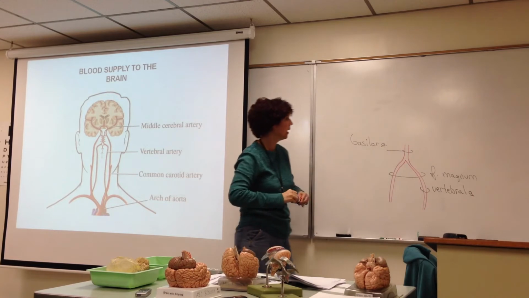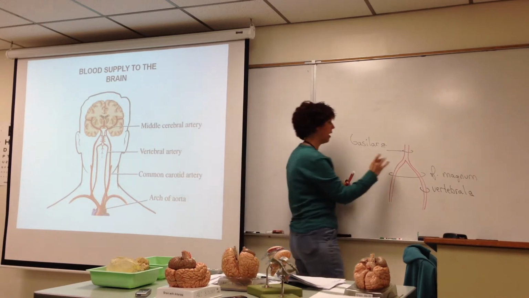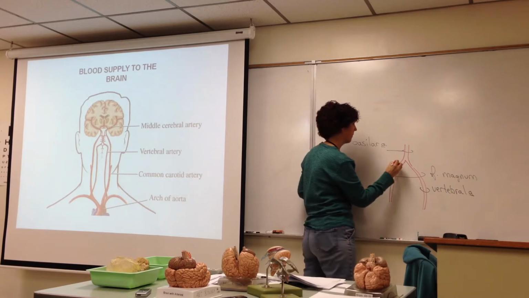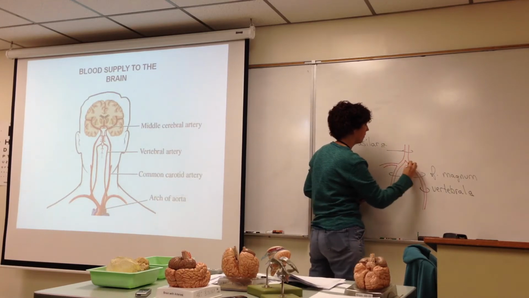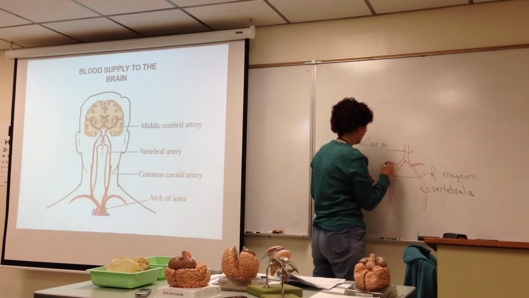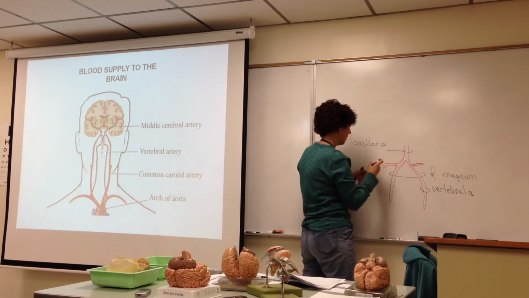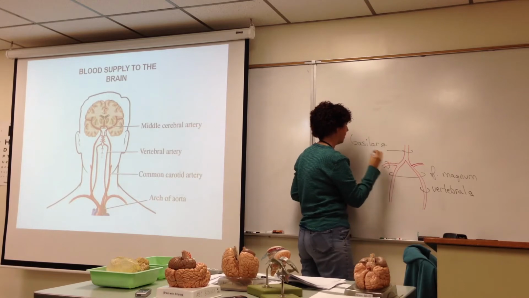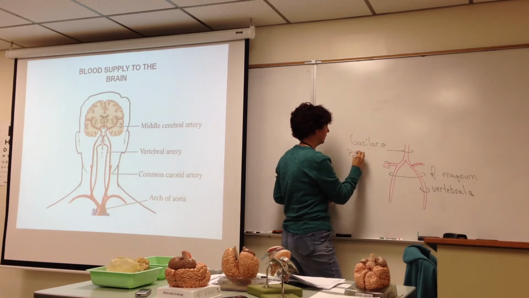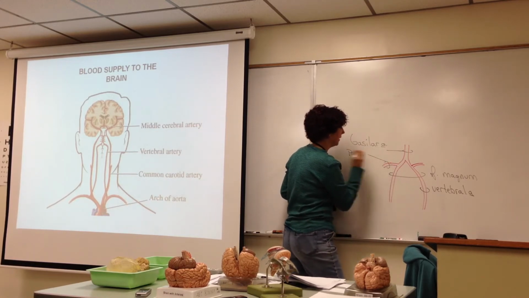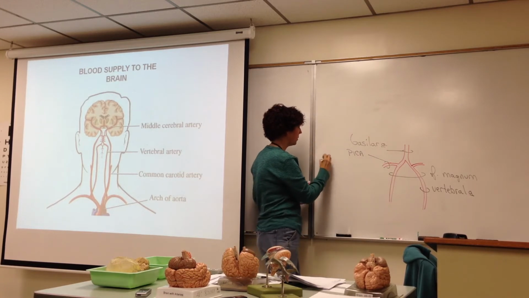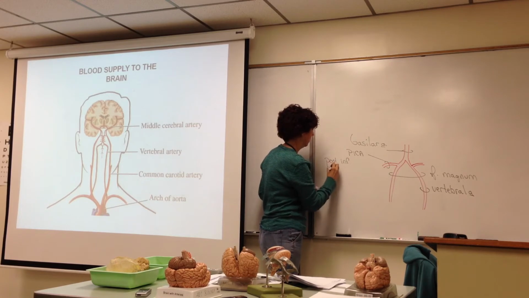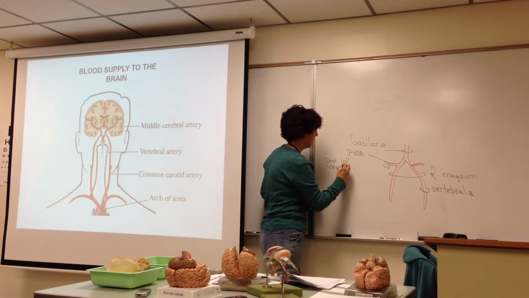Okay? Now, each vertebral artery gives off a branch on the medulla. They're pretty thin, known by the abbreviation PICA, which is not a little rodent, but stands for posterior inferior cerebellar artery.